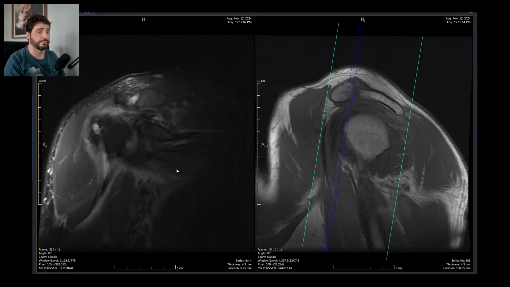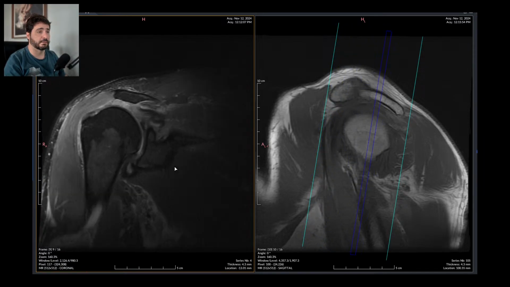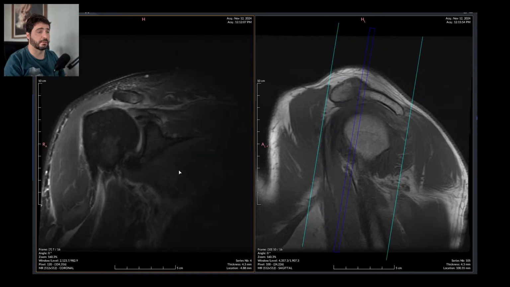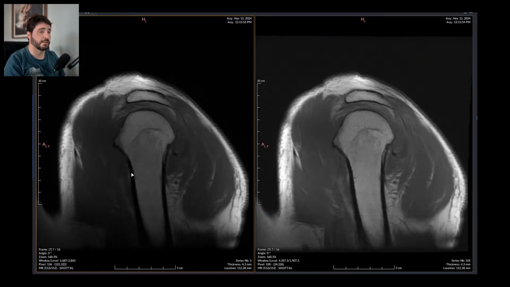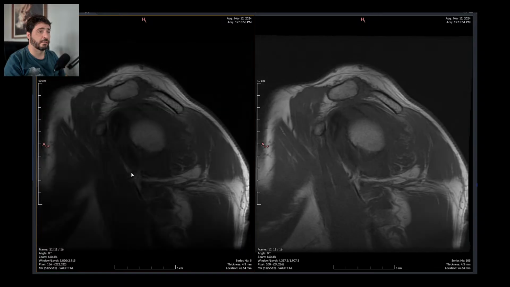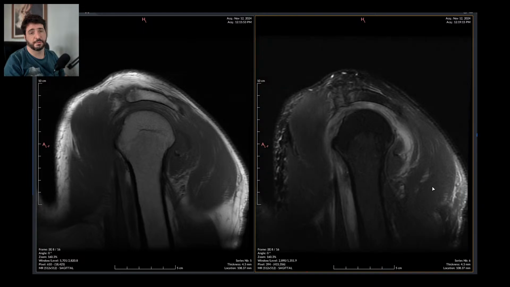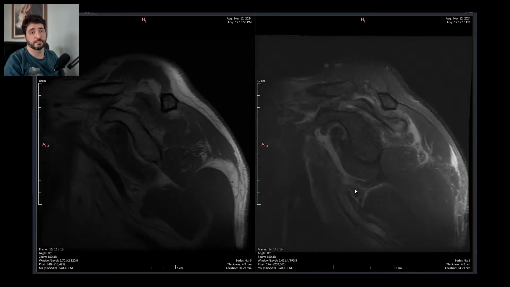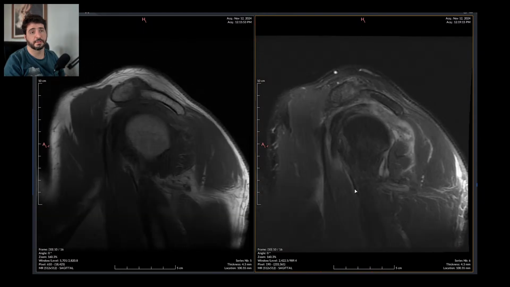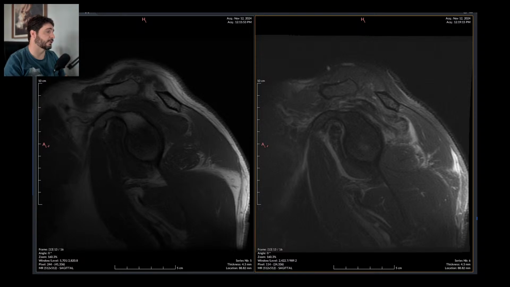It's all fuzzy and heterogeneous. It's all destroyed. So this is a very, very sick patient. This is a destroyed, screwed up shoulder for sure. This is a huge mess, a humongous mess right there.